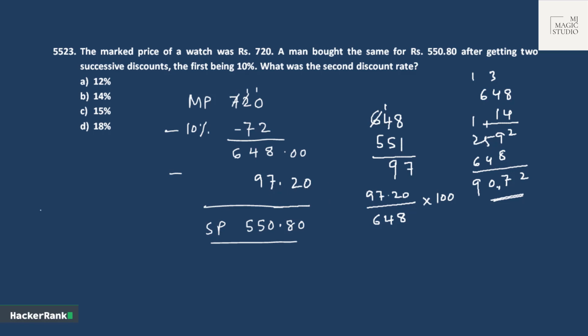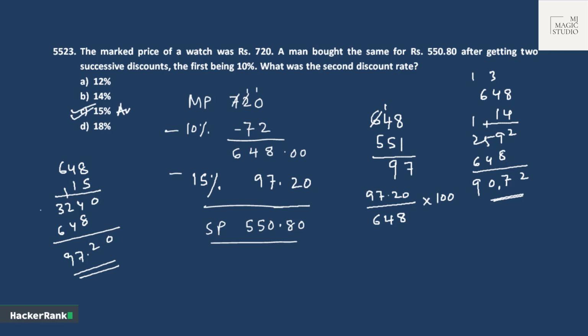No, it is 97.2. We are getting 90.72, so it is not 14. 648 into 15 gives 97.2. Bingo. It is 15%. That means the second discount which has been offered is 15%. Option C is the pick.